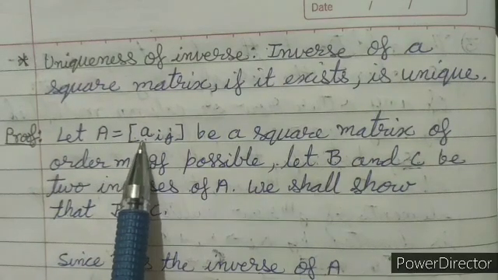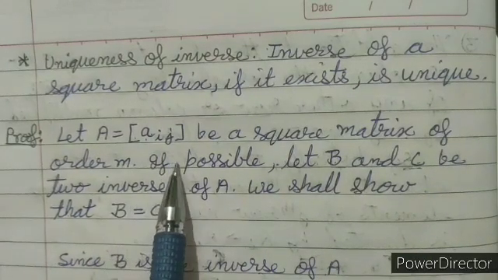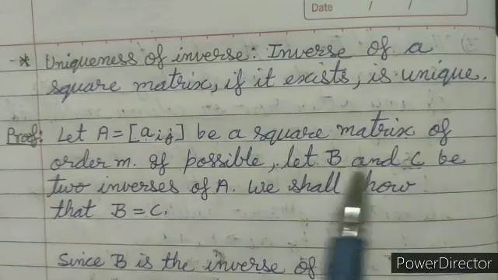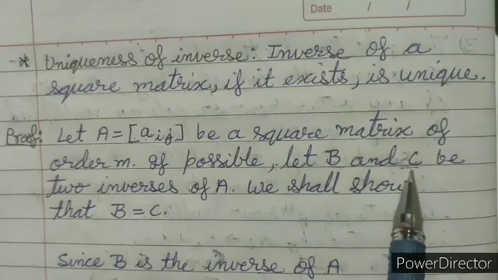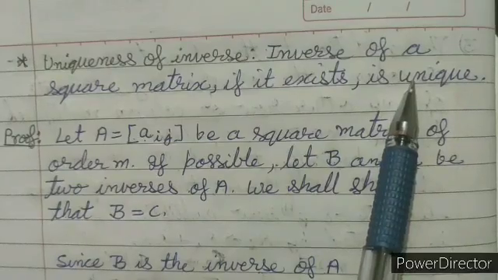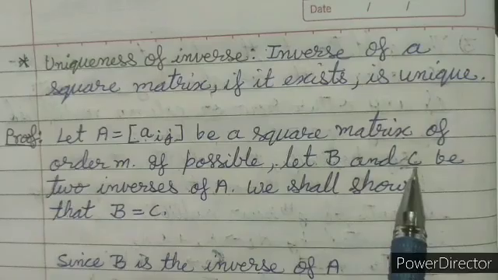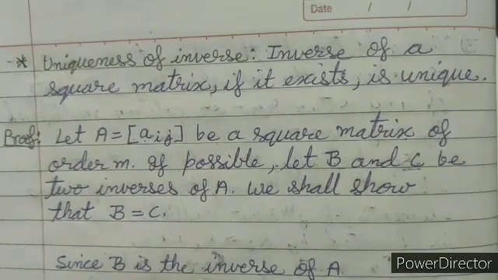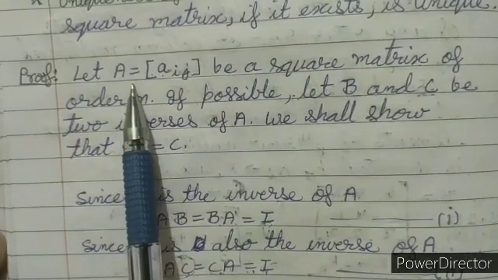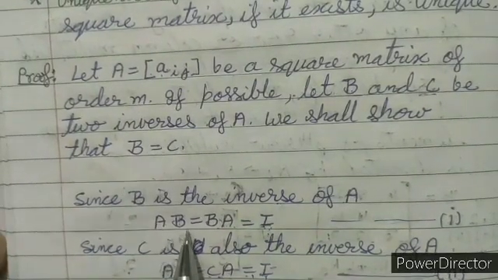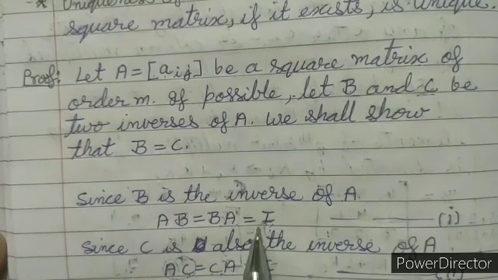Let A equal to [aij] be a square matrix of order m. If possible, let B and C be two inverses of A. We are taking two inverses B and C. As we know the inverse is unique, that means we have to prove that matrix B is equal to matrix C. Since we have taken B as the inverse of A, that means AB will be equal to BA, which is equal to the identity matrix.